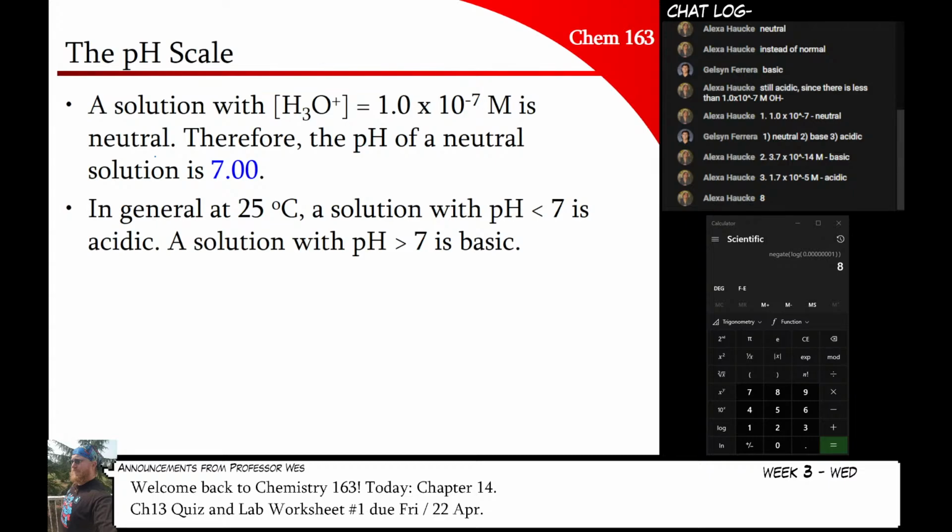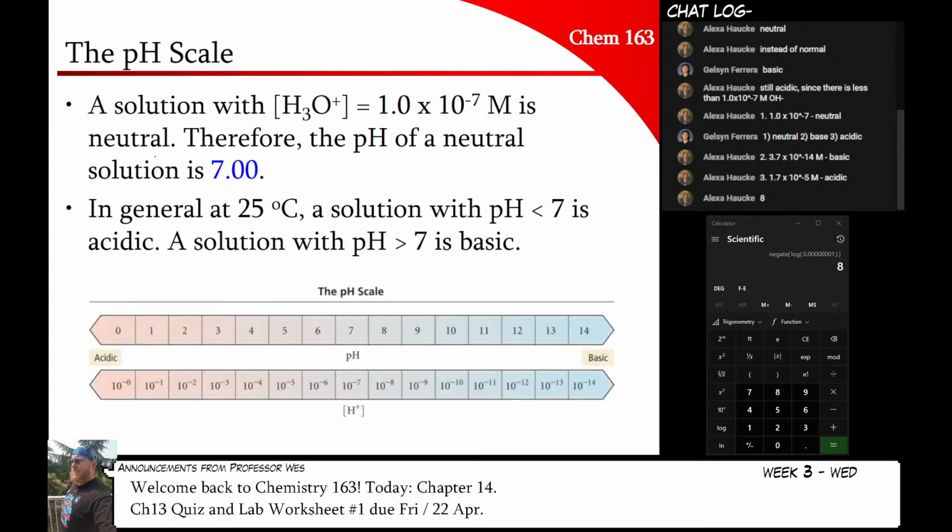So K will change as temperature changes, and that's going to change the amount of H3O plus that is our definition of neutral. Now, for simplicity's sake, we're going to do all of these problems at 25 degrees Celsius because calculating a new KW every time is really obnoxious. You can do that in 300 level chem when we do analytical, but for our purposes here, we're going to stick with just 25 degrees Celsius.